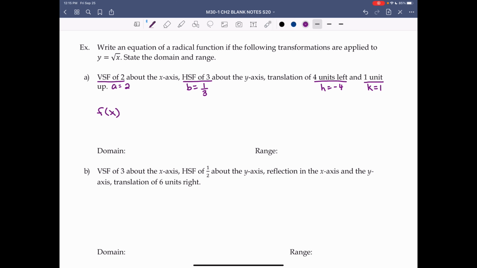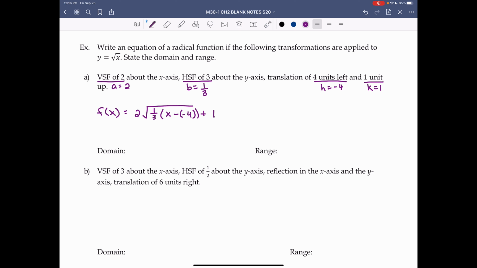It's a radical function, we know that, so we have f of x equals the A value, 2, then the root, then the B value, 1/3, then bracket x minus h, but in this case it's x minus negative 4, and then plus the k value outside the root.